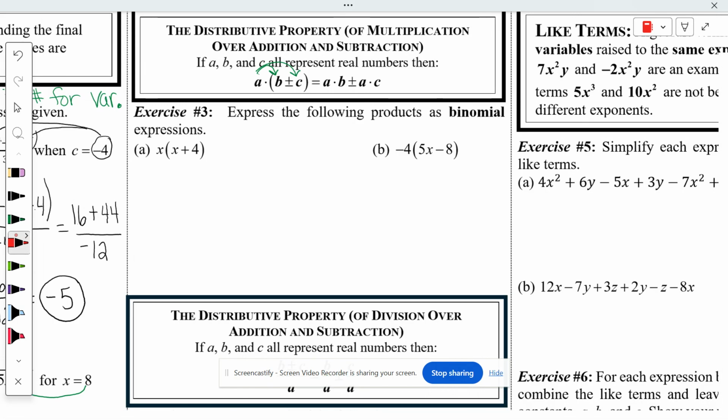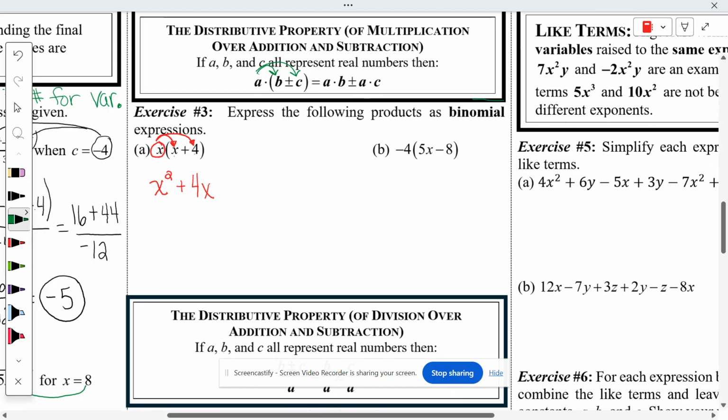Whenever I distribute, I take the number on the outside and I multiply, and I do that by drawing arrows. I always draw arrows when I'm distributing. That helps my brain tell me that I need to multiply. Let's see. Well, x times x, that's just x to the second power. And x times 4, and that's a positive 4, well, that's just plus 4x. So that is what you get when you distribute.